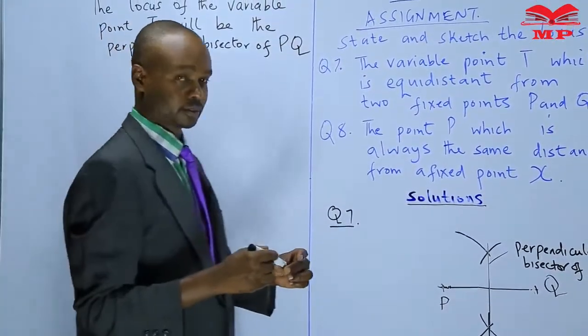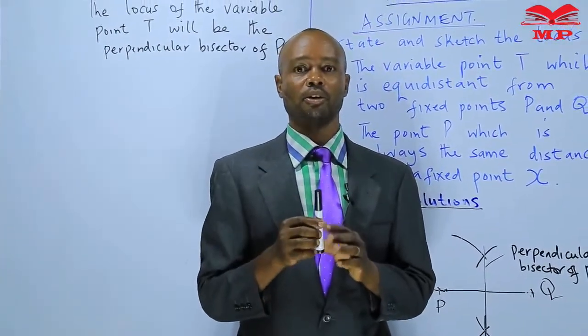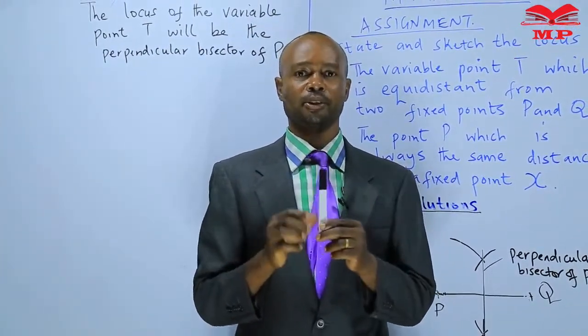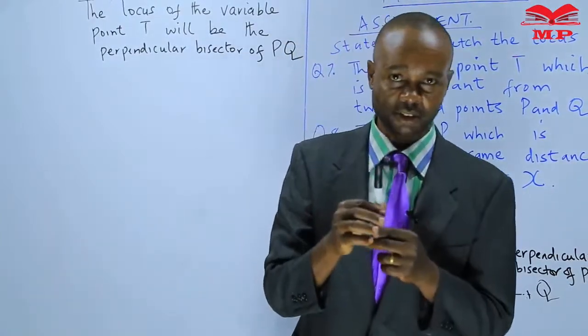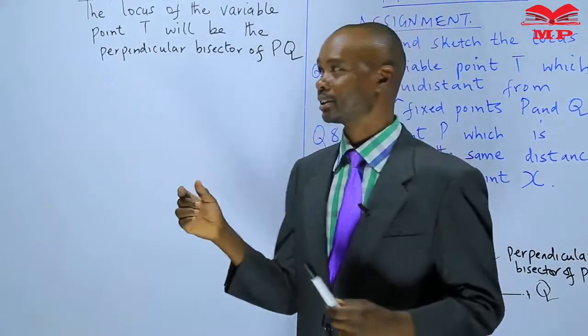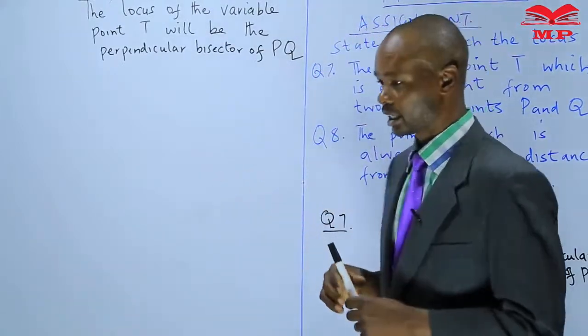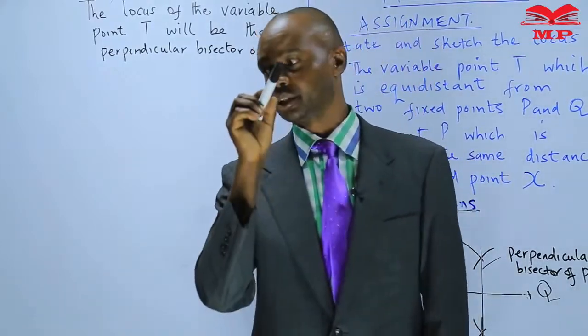That is your solution. It will be the perpendicular bisector of PQ. Any point on that line will be at equal distances from P and Q. So the locus is actually the perpendicular bisector of that line PQ.